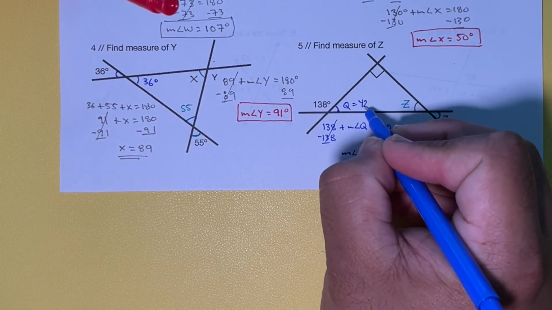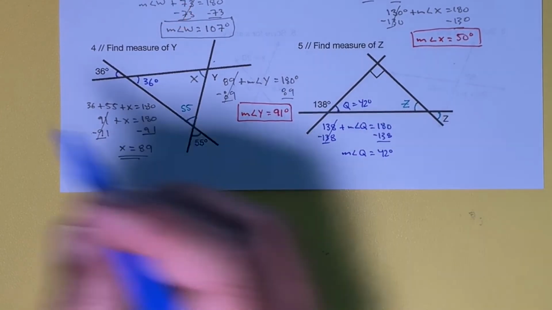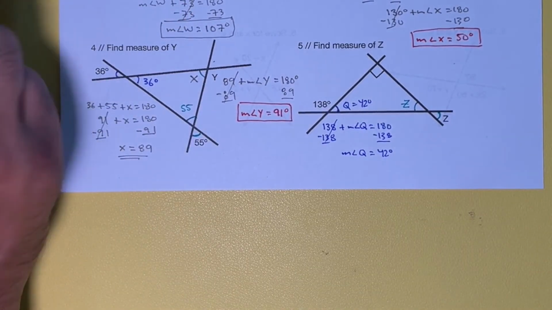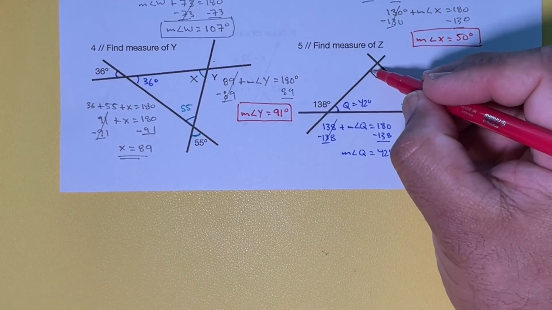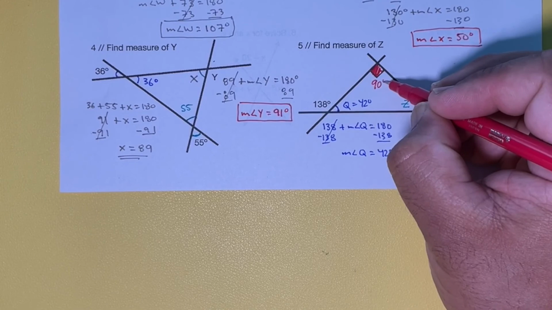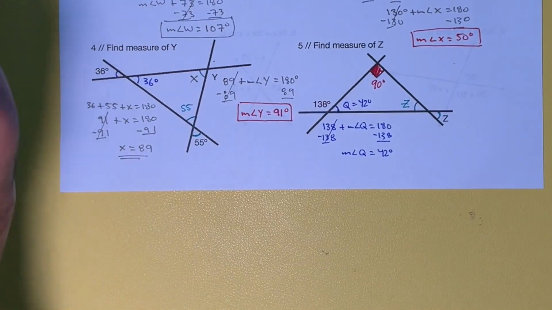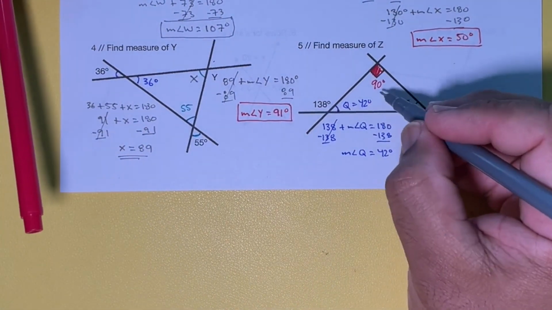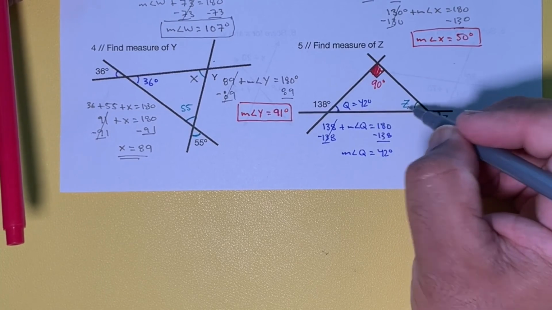So if that's 42 degrees, then let's see, that has a square. So if you look at my notes at the top, that means that's 90 degrees. So now I got 42 plus 90 plus the measure angle Z equals 180.